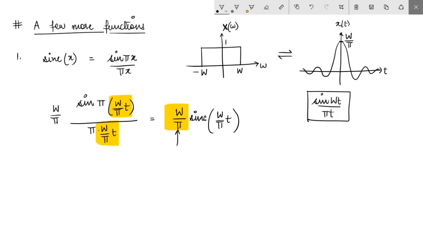And the zero crossings of this function, if you try to find it mathematically, wherever wt is a multiple of pi, at those values you will find that this function will cross the zero axis. That means at t equal to integral multiples of pi by w, you will find that this crosses the zero axis, and so on.